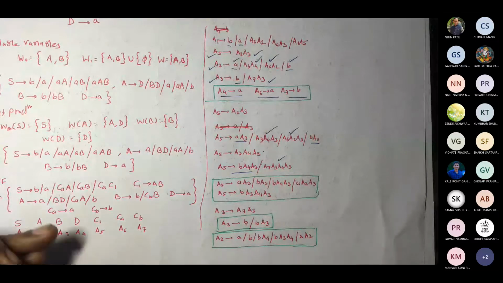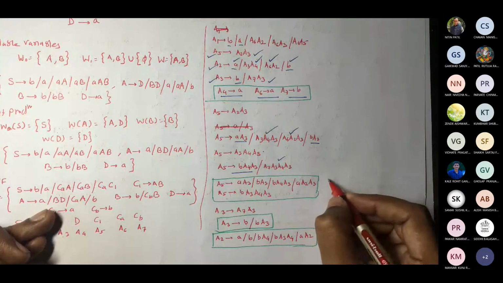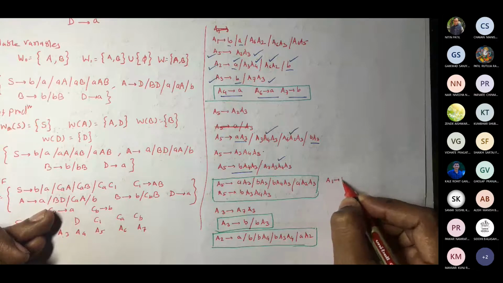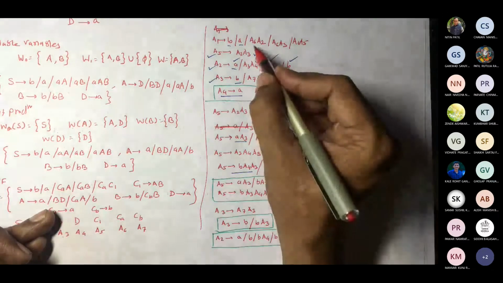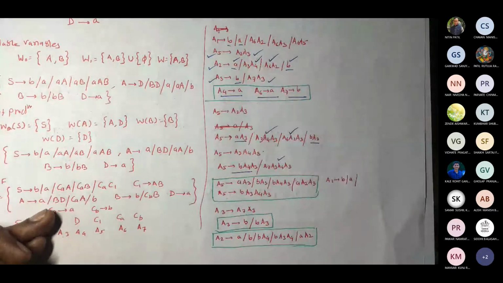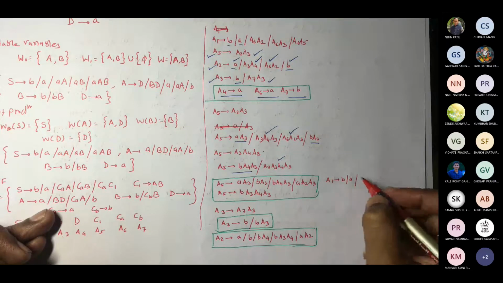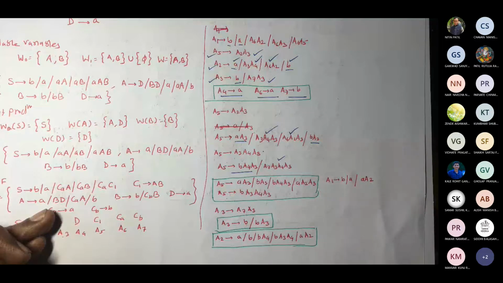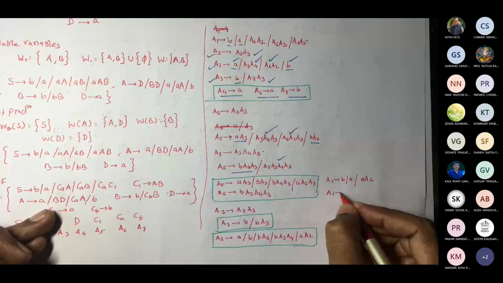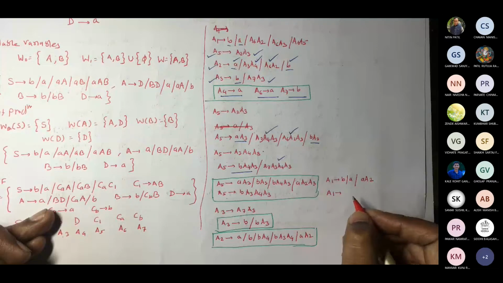Fine. So let us write A1. So I will write A1 here. So A1 gives BA. Correct. Now let us put A6. What is A6? A. So it would be what? A2. Correct? A1 gives A6, A3.